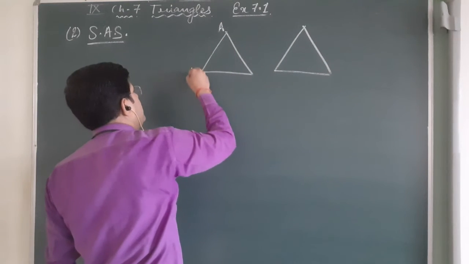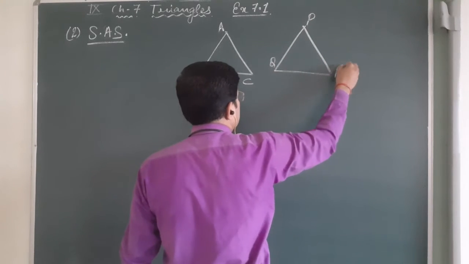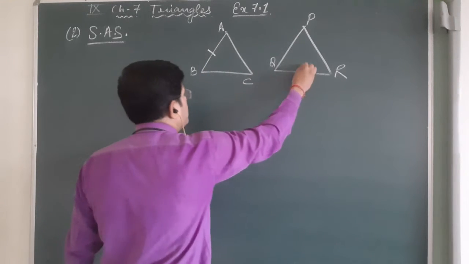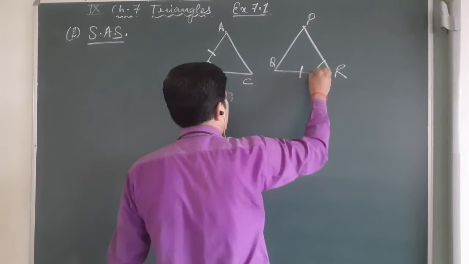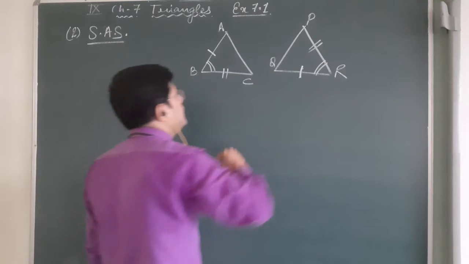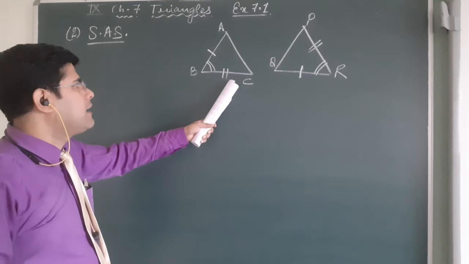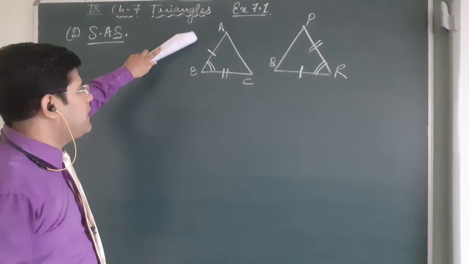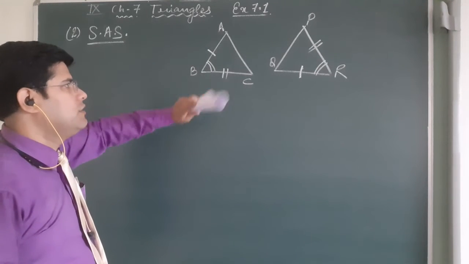If I talk about ABC and PQR, here I am making it slightly more difficult: AB equal to QR, angle B equal to angle R, and BC equal to PR. So what is the SAS congruency rule? Two sides and the angle included between those sides. If we talk about AB and BC, then we must talk about angle B, not A or C.